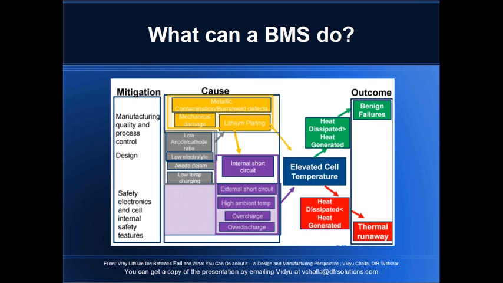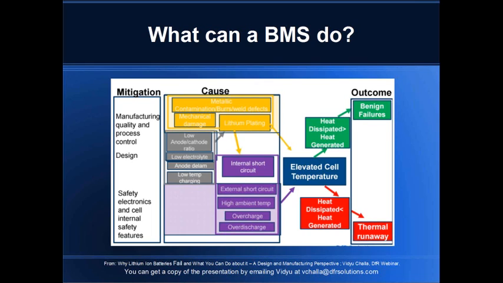So a battery management system can help prevent a number of these, but not all of them. If there is a manufacturing defect with the cell, if there's metal contamination, for example, or physical damage to the cell itself, a battery management system is not going to be able to do anything about that.